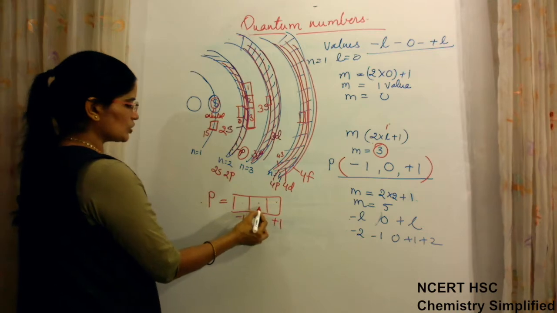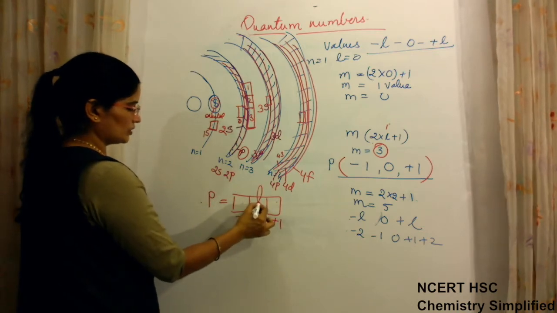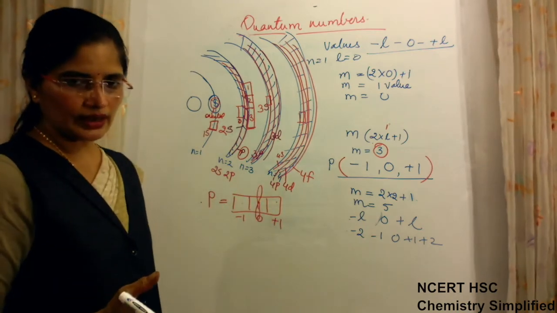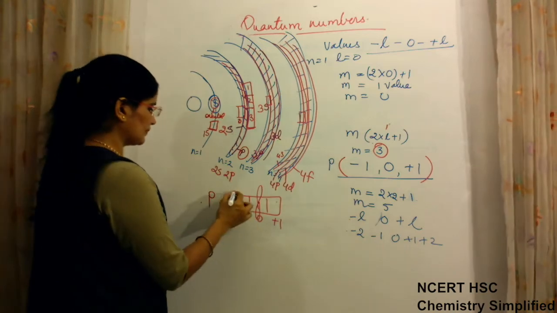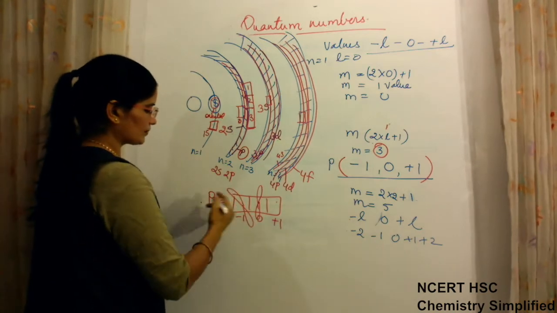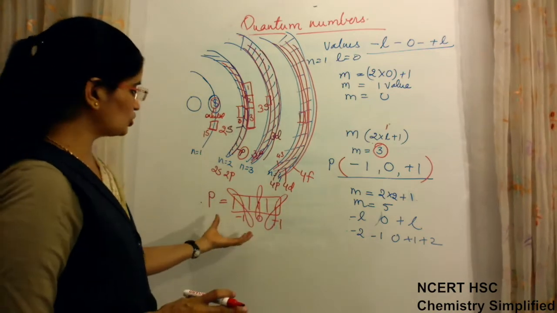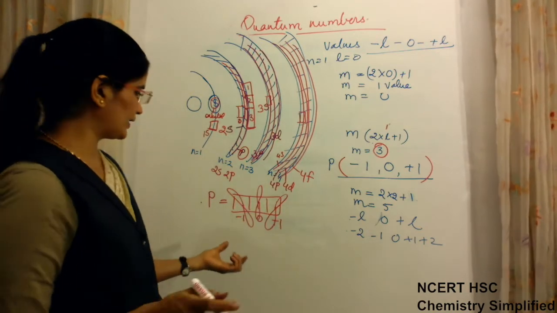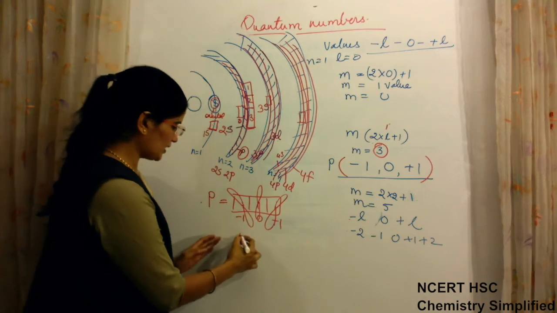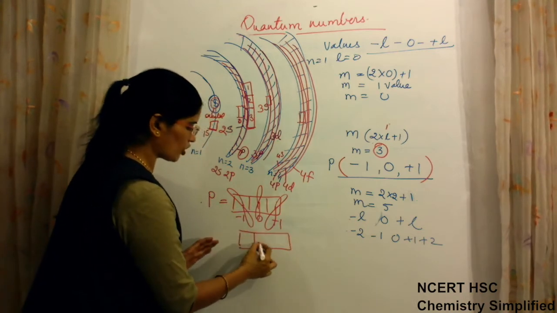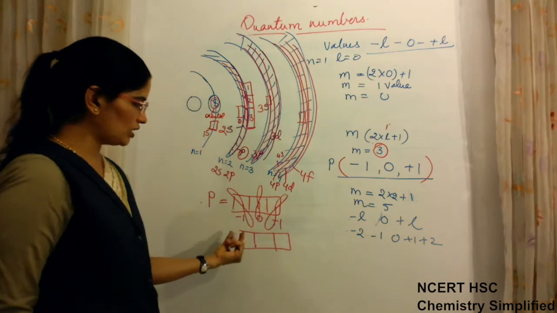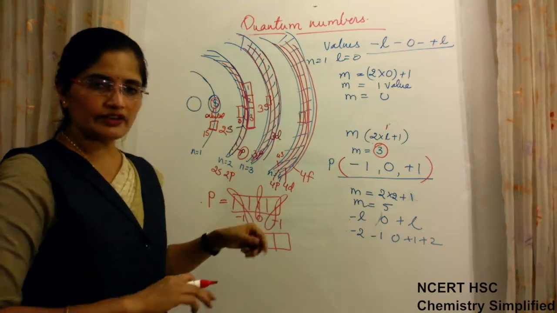That means this orbital will have a neutral direction, not left, not right. This one bends towards one side, this one bends towards the other side. About the shapes of orbitals we will do later, but understand that we are making them in the form of boxes for our convenience, and all these 3 boxes have different directions.